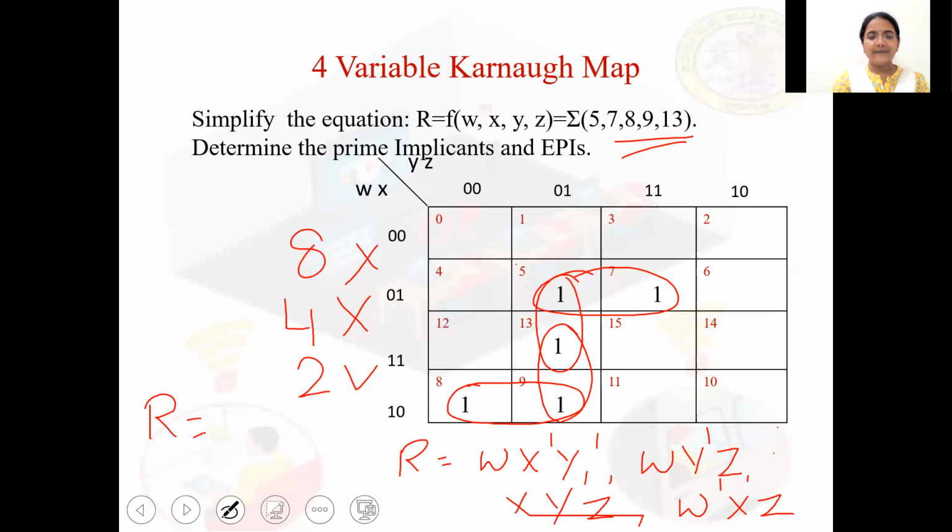Now, we have to consider this 8 and 9 because 8 is unique. Because 8 is unique, we have to include this term, W X bar Y bar. Plus, next, this implicant 7 is unique because it is not combined in any other way.